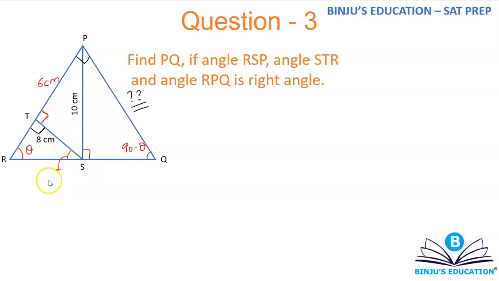So this will become 90 minus theta, this will become theta. Similarly, I'm going to remove this 90 from P also, so this here would become 90 minus theta, and this angle will become theta.